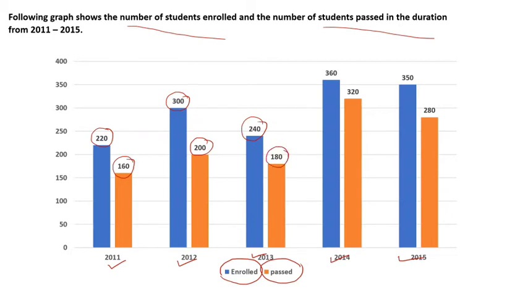In 2014, out of 360 students, 320 students passed. And in 2015, out of 350 students, 280 students passed. So this is the data given. Based on this data, we have some important questions which we need to solve. So let us go to the first question based on this graph.